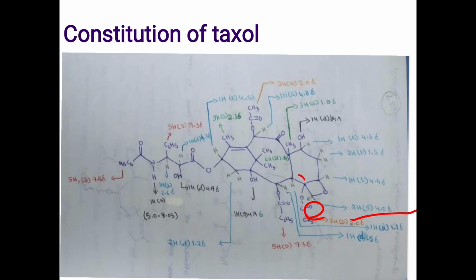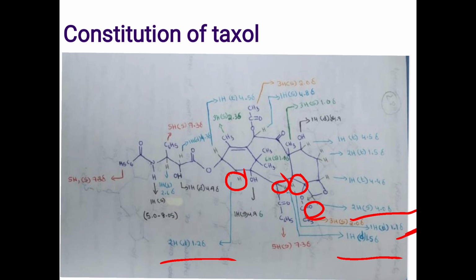The proton attached to the bridgehead carbon of rings B and C shows a doublet at 1.1 delta, the proton attached to the 8-membered ring shows a doublet at 1.5 delta, and the 2 protons of ring A show a doublet at 1.2 delta.